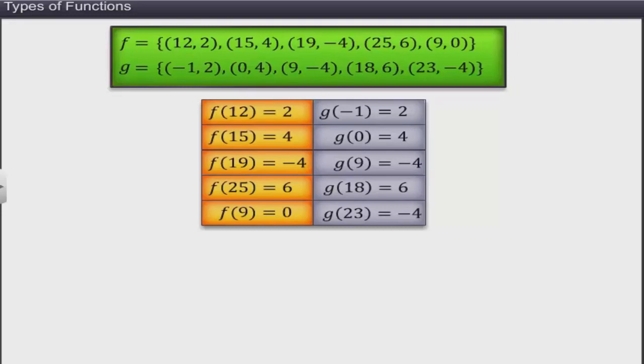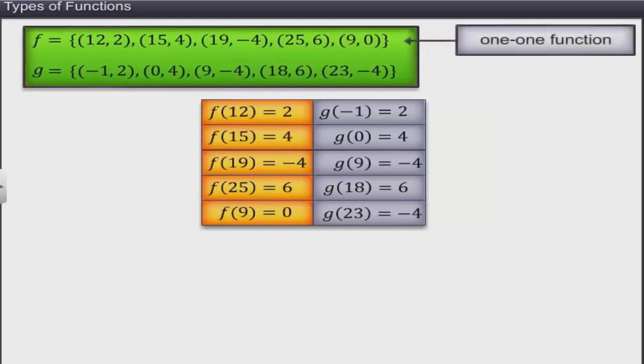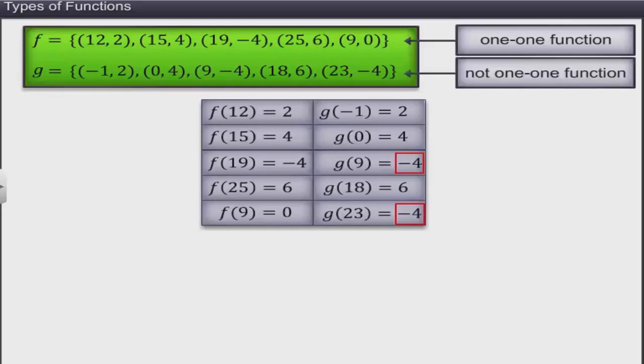Therefore, the given function is 1-1. However, in the second case, the image of 9 and 23 is -4. It means that g(9) and g(23) is equal to -4. Hence, the function g is not 1-1.